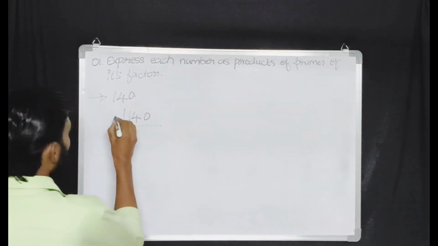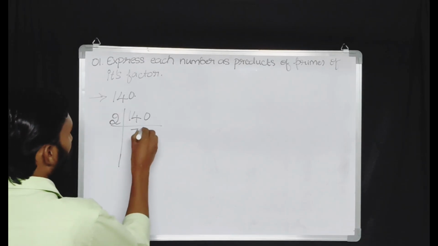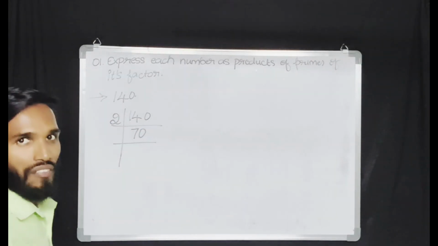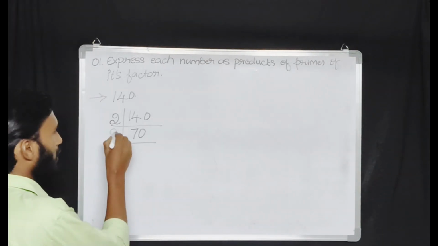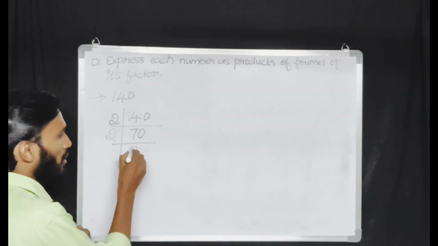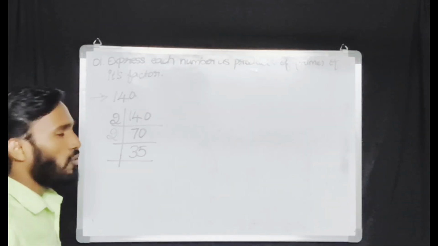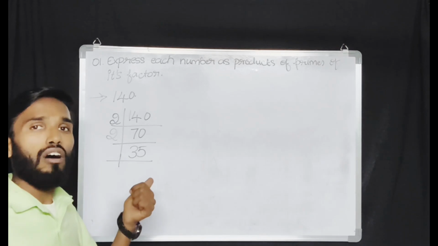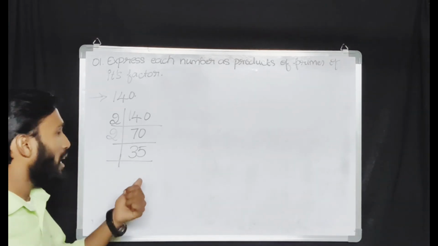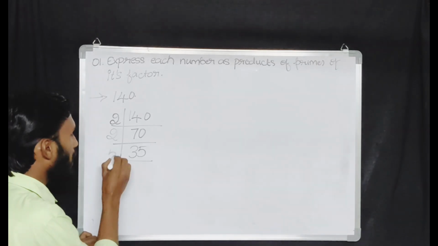Very good. Now 2, and how many times? 70 times, 2 times 70 is 140. Again the last digit is 0, so again 2, 35 times. Now the last digit is 5, the divisibility rule of 5: where the last digit of a number is 5 or 0, that number is divisible by 5.